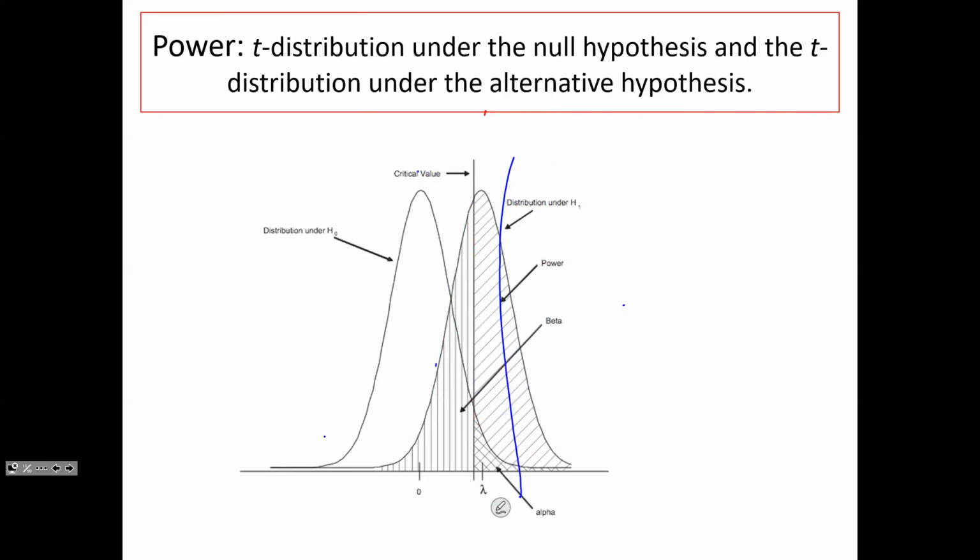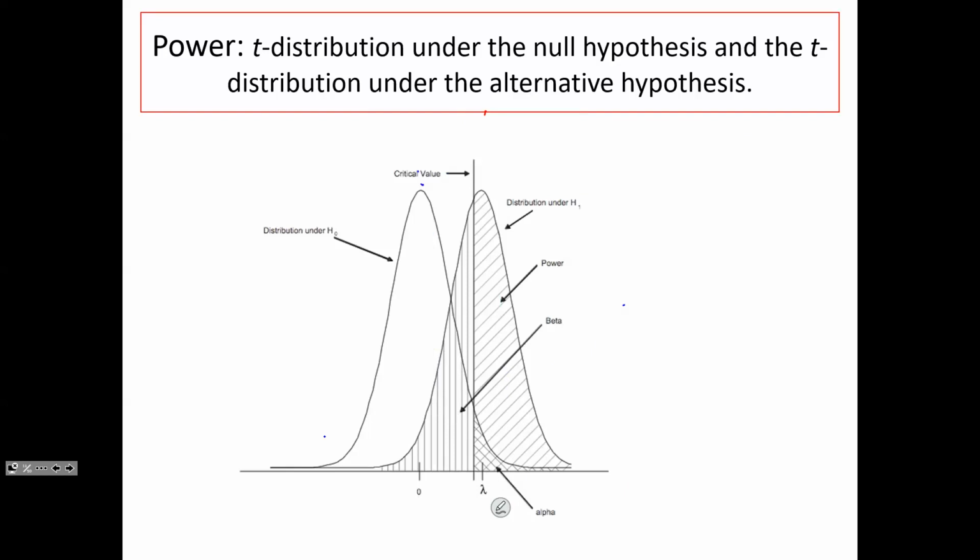If I set alpha over here, power's going up. So that's an easy way to change power, but let's hold alpha constant at 0.05 right now. Remember what I said, the mean difference has an impact on power because the mean difference is pushing the center of these two distributions apart.